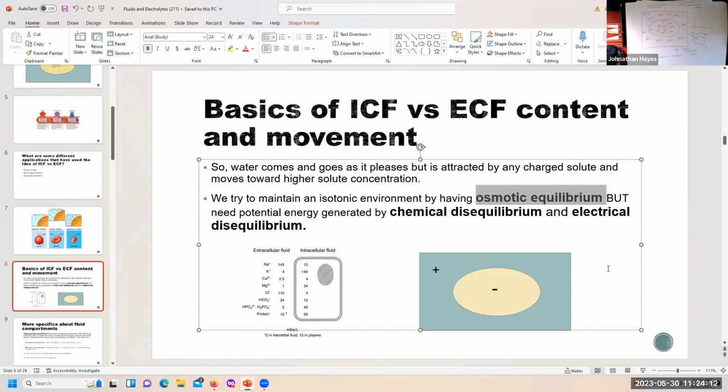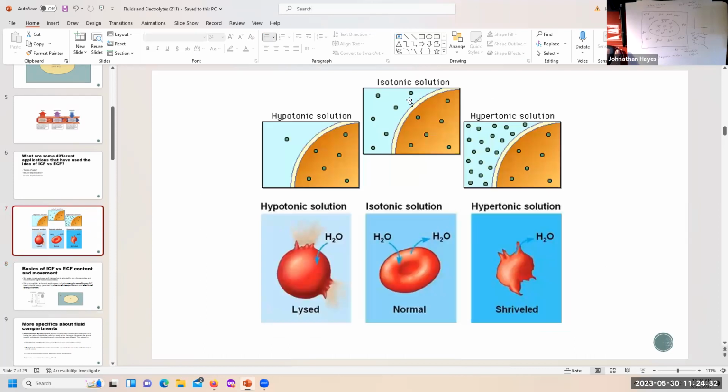But if I'm just constantly taking in a lot of water, then my urine will eventually just become very dilute. And that's all you'll try to get rid of because you're going to try to hold on to the electrolytes as tight as you can because you're already diluting them, and you're going to try to get rid of that excess water. So by maintaining this osmotic equilibrium, your cells can basically stay in more of an isotonic state, right? Isotonic solution. So that's nice.